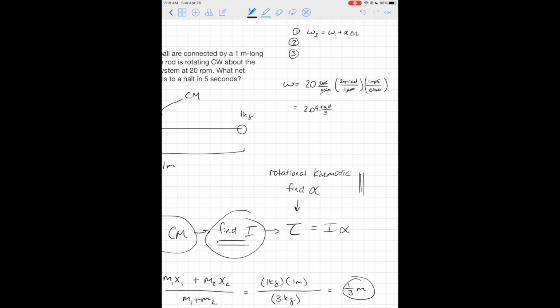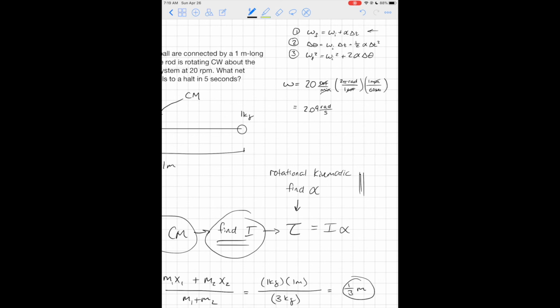I have delta theta equals omega i times delta t plus 1/2 alpha delta t squared. And then I have omega f squared equals omega i squared plus 2 alpha delta theta.